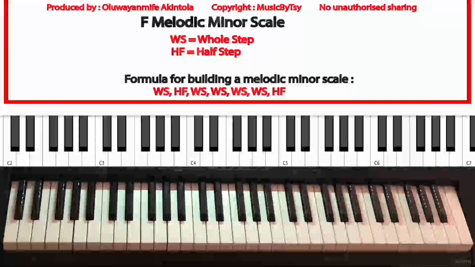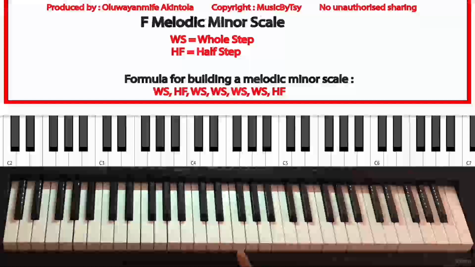So one method that we could use is we can take this F major scale and then we can take the third note of the F major scale and then lower that by a half step. And doing that is going to give us the F melodic minor scale. So yeah, let's do that.